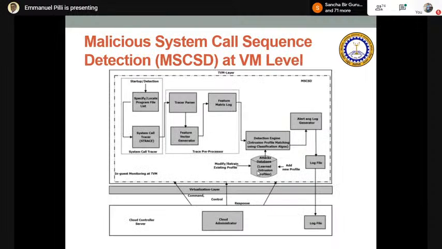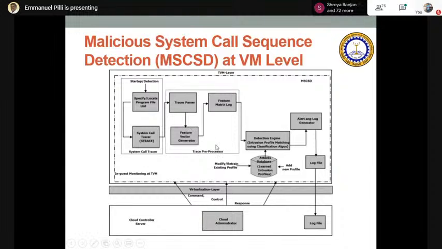This is how an MSCSD looks. Here we have the classifier, where we do the classification mechanism. We try to collect the data, and there's a parsing environment. So you do it at the virtual machine layer, then at the hypervisor or virtualization layer, and lastly you can do it also at the network layer, which is kind of hardware, but there are virtual networks inside too.